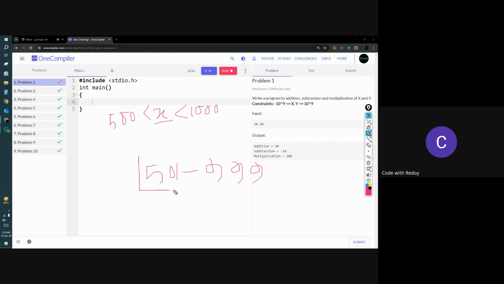From this range, he can say any number. We don't know which value he is going to say, but we know he will say the value between 501 and 999. Is it okay? Yeah. Are you clear? Yeah.